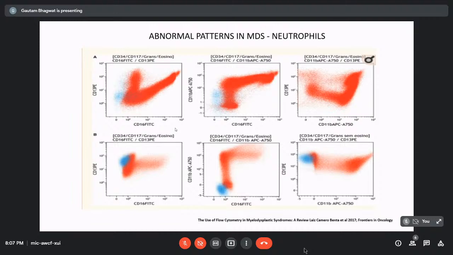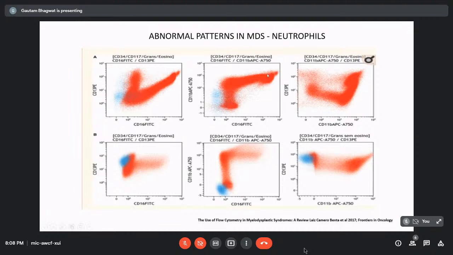So looking into the neutrophils again, if we go with CD13 and CD16, you have this classical Nike or tick mark pattern. But when we see an MDS sample, we know something is not correct over here. And this gives me a clue that there is dysplasia.